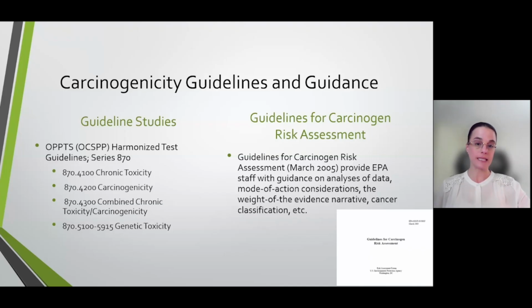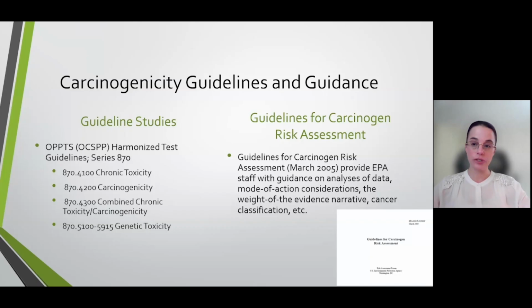We typically see one full-term study in a mouse and a second in a rat. Sometimes there's an interim sacrifice within these studies, and then the final sacrifice at the end of the animal's life. And then we're looking for things such as tumor formation, pre-neoplastic lesions, and a number of other endpoints that are outlined in the specific guidelines.